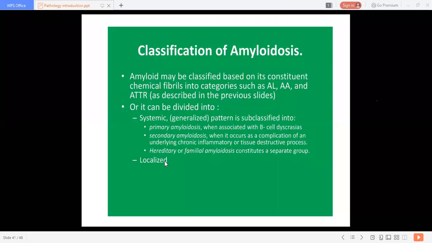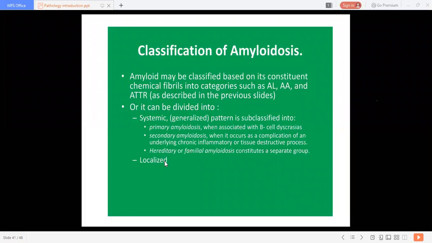If it is cardiac, then it is restricted to the cardiac region, that is the aorta of the heart or any chambers of the heart, endocardium or myocardium, in that muscular layer this amyloid gets deposited. Then senile cerebral, above 70 years, the deposits are in the wall of cerebral blood vessels.